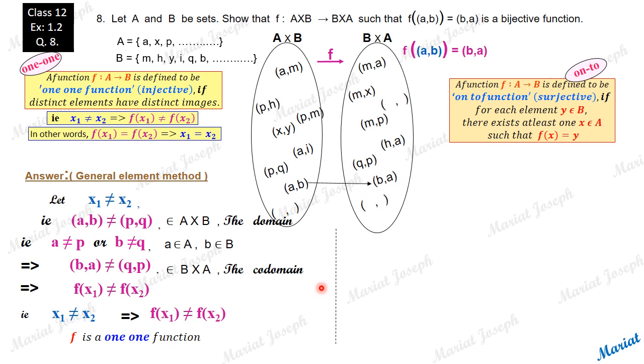Now let's see whether it is an onto function. To call it an onto function, the definition says, in that function, for each element taken from the codomain, there must be at least one element in the domain such that the image of that element is the original element we started with.